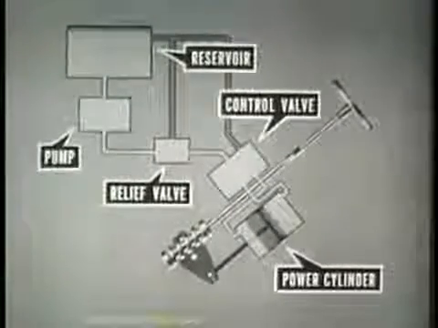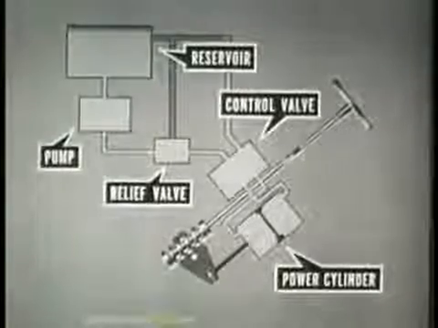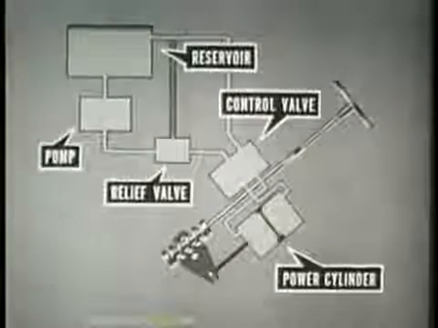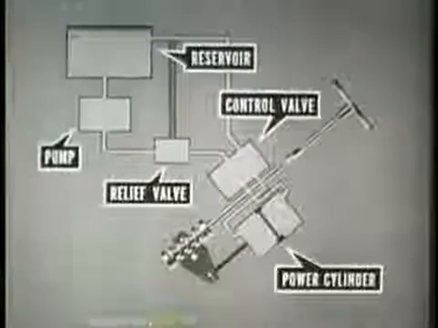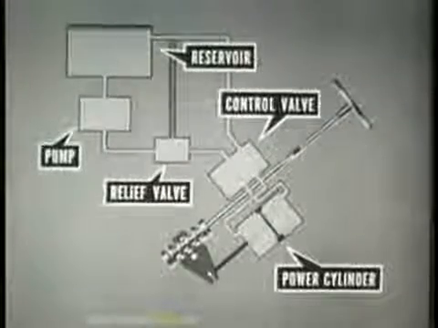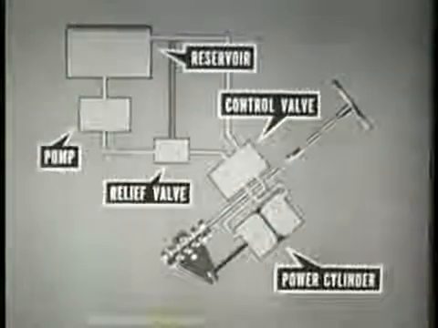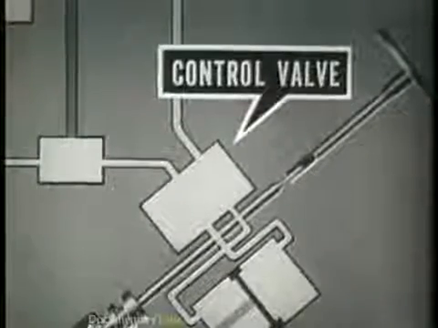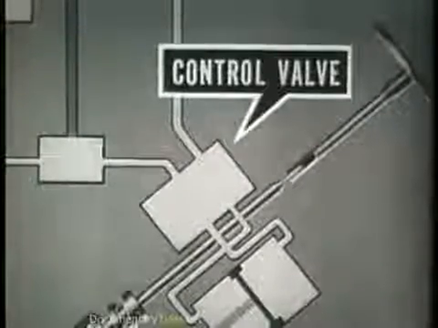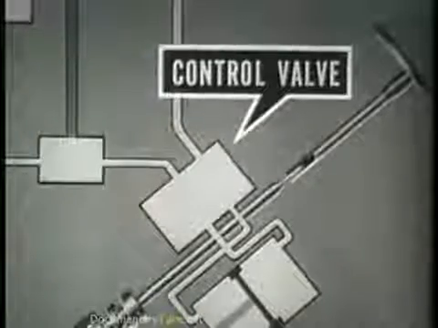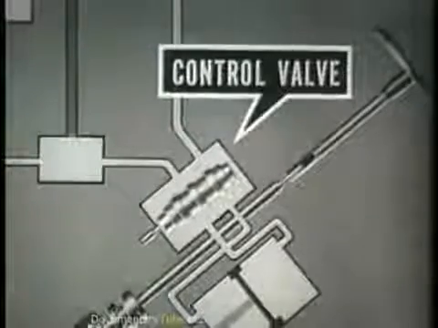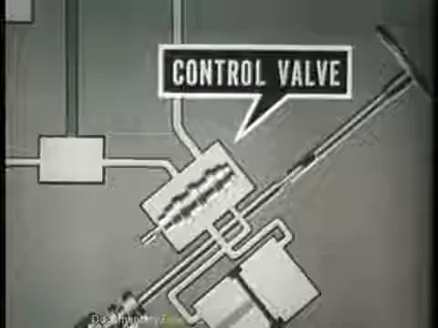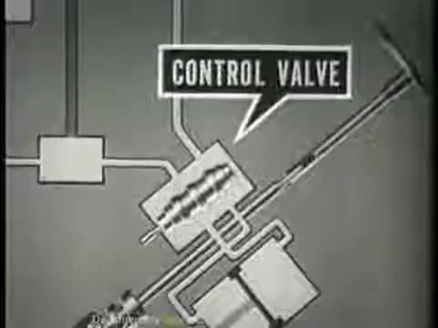The control valve, actuated by the steering shaft, directs the fluid to the power cylinder. The power cylinder converts hydraulic pressure into mechanical force by means of a piston. The control valve is the heart of the hydraulic steering system. The control valve has a spool which directs and controls the flow of fluid to the power cylinder.